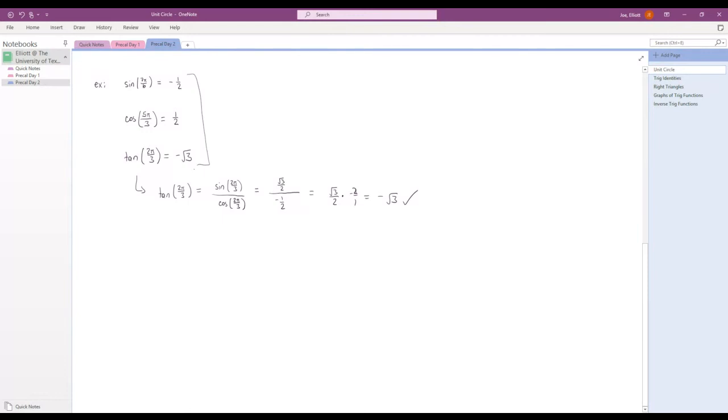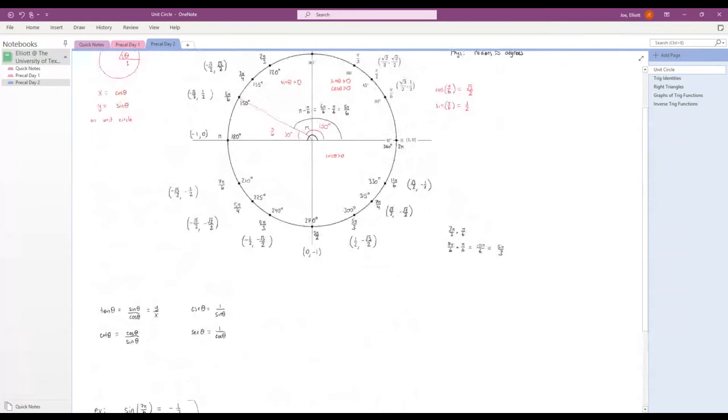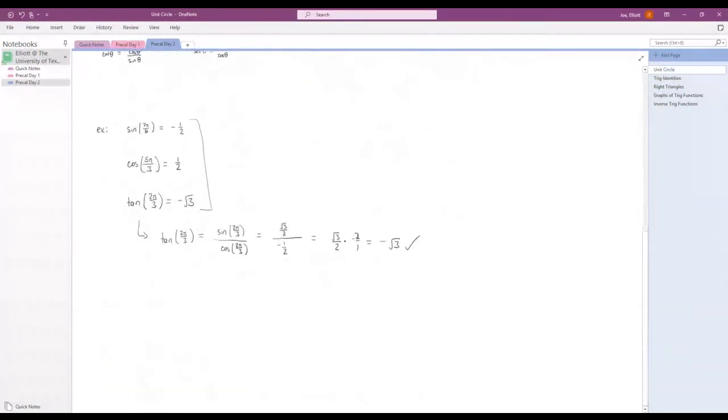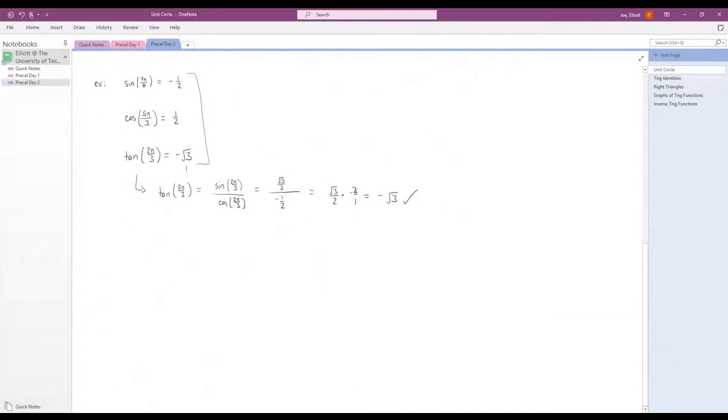And really the only way to evaluate what they are is to just know what the answer is, basically, right? So like, sine of 7 pi over 6, we don't necessarily do much work to get the answer negative 1/2. It's just something that you're going to need to know, or you'll need to be able to think about your unit circle and figure out the answer from that. But you're going to want to know those values of the trig functions at each of the special values in order to evaluate expressions like that.